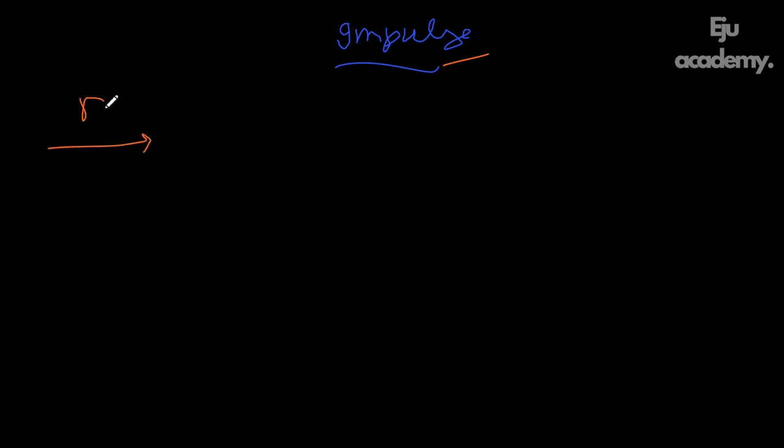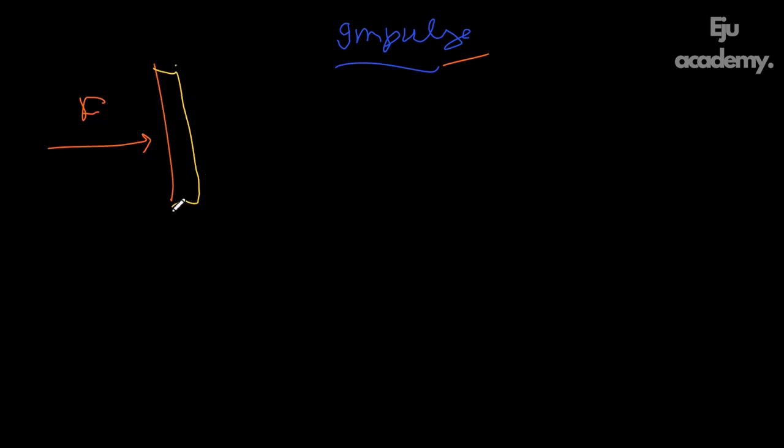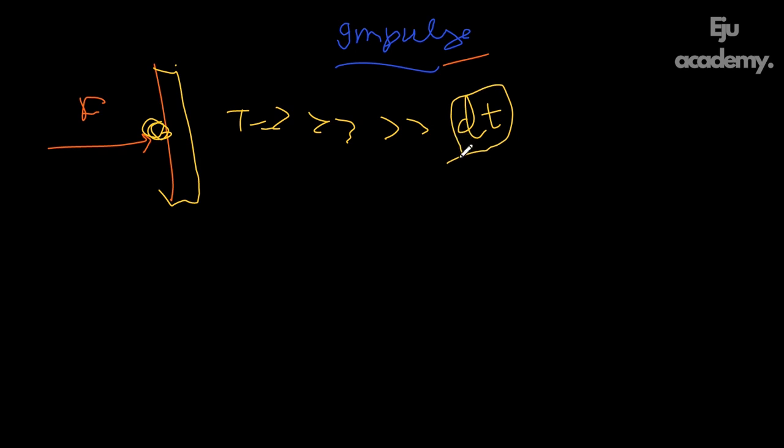So this is what impulse force is: a large amount of force acting on an area for a very small duration of time, dt. dt is one differentiation unit, which is just a very small interval of time, very minute, nearly equal to zero.